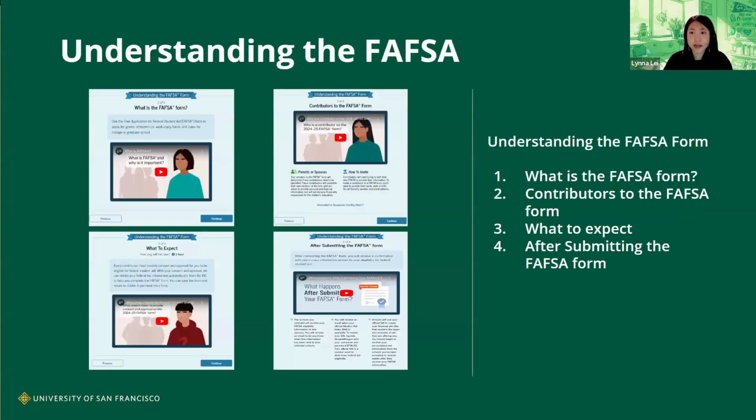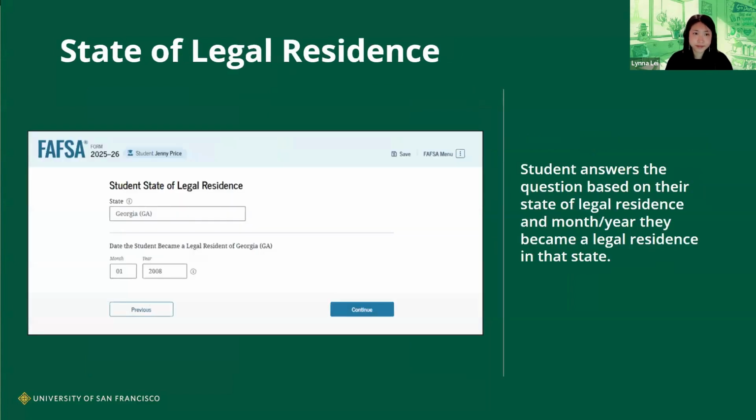After that, there will be some videos that go over the FAFSA process that you may watch. The first video talks about what the FAFSA form is. The next one goes over what a contributor is and who needs to fill out the form. Number 3 is what to expect in the process. And the last video is about what happens after you submit your FAFSA.